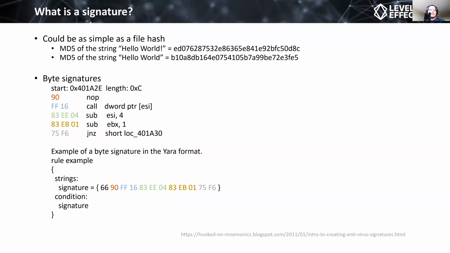So we can use this to quickly pass around this information, these IOCs, indicators of compromise. We can pass around this telltale sign: if you see a file that has an MD5 hash of ED07, etc., it's bad. So immediately flag it, quarantine it, do whatever you need to do.